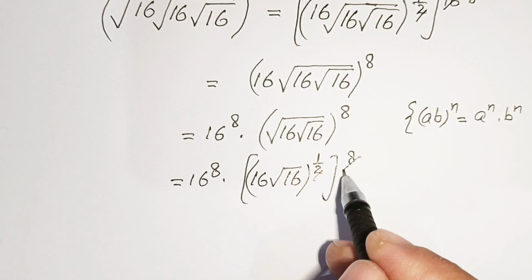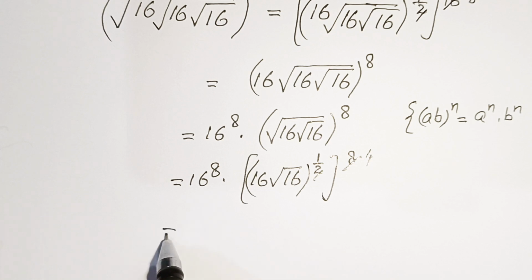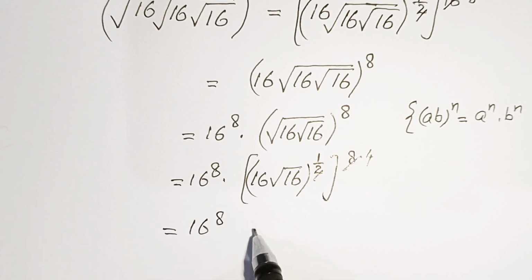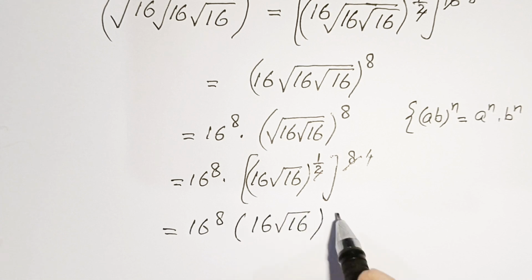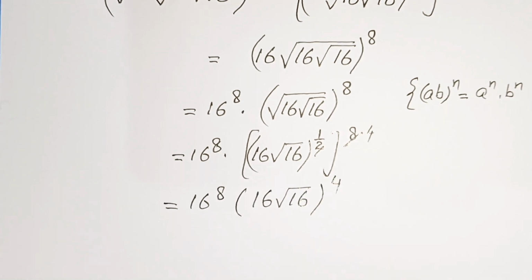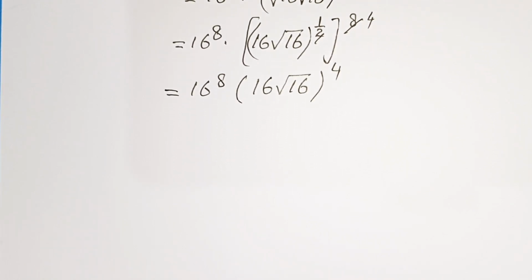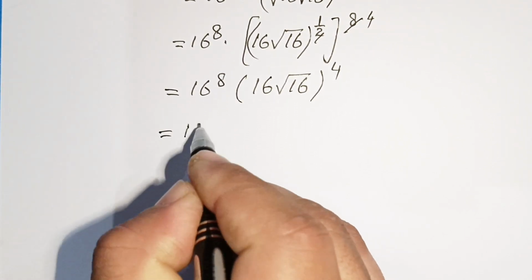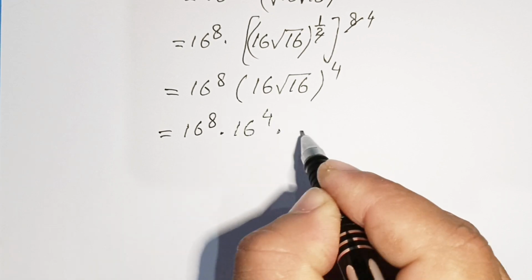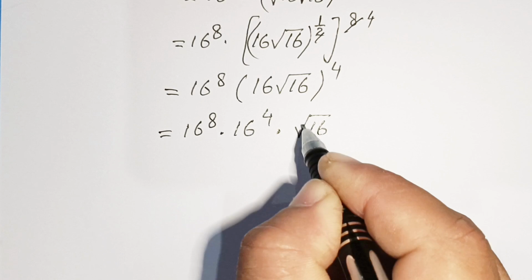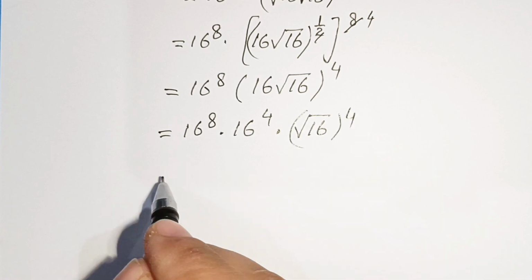So here 2 times 1 is 2, 2 times 4 is 8, then we get 16 to the power 8 times 16 times square root of 16 whole to the power 4. So here we have 16 to the power 8 times 16 to the power 4 times square root of 16 whole to the power 4.